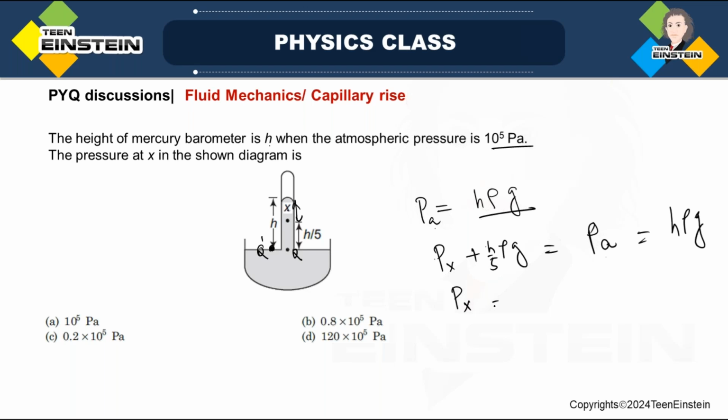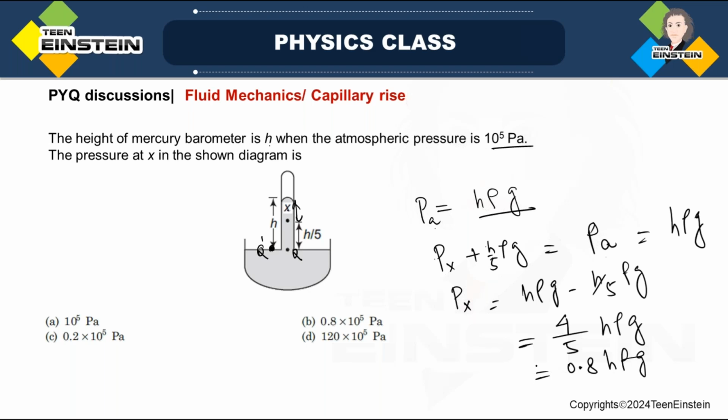So Px will be H rho G minus H by 5 rho G. So this is actually 4 by 5 H rho G, so this will be 0.8 H rho G. Now we have to find out H rho G. Atmospheric pressure was given actually.